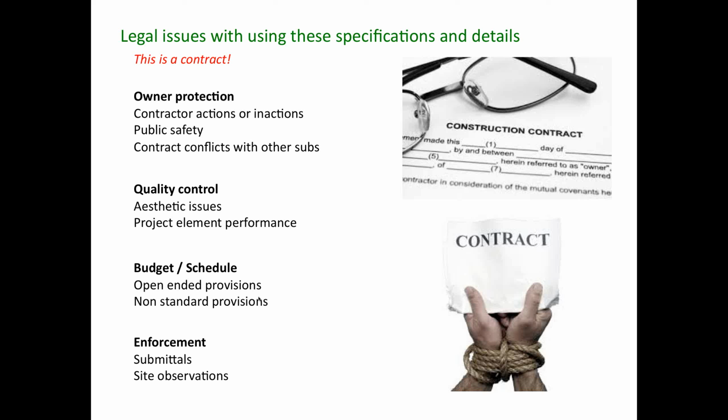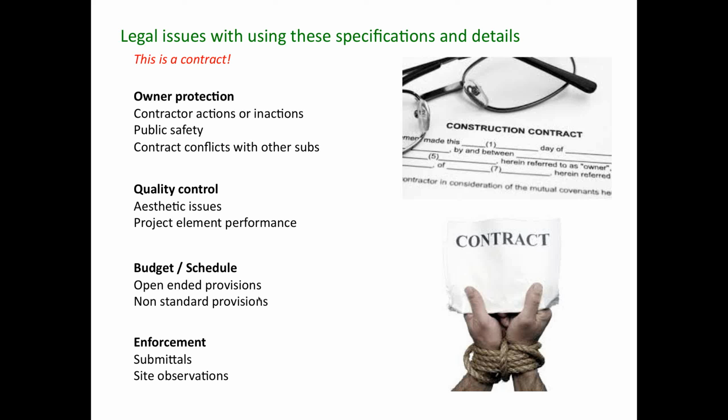Each of the provisions in this spec and details will impact the project budget and schedule, some significantly more than others. It's important to know that many of these recommendations are not standard provisions and so are going to be looked at by contractors probably thinking they may take more time to do, which some of them will, or cost more.